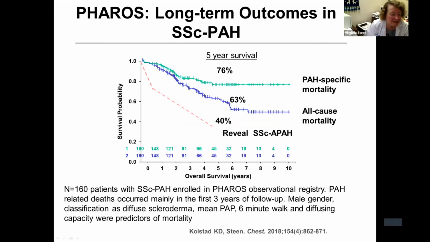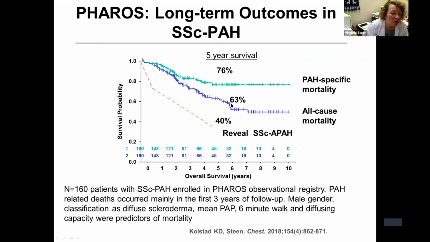And this is the survival now, from my multi-center PHAROS trial, which is an observational cohort that we followed for up to 10 years with pulmonary arterial hypertension. And importantly, the 5-year survival, as you saw, was 0 before, and is now up to 76% specifically for pulmonary arterial hypertension survival.